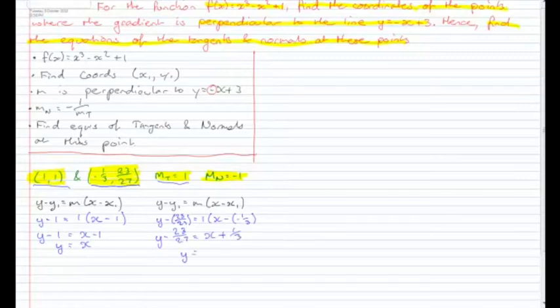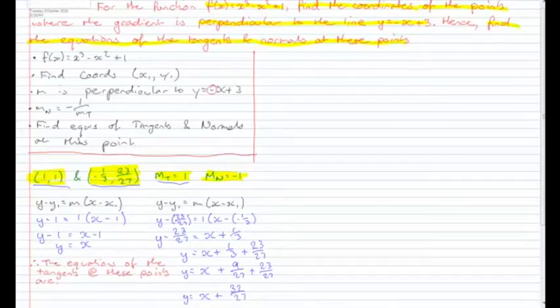Rearrange now, you get y is equal to x plus 1/3 plus 23 over 27. Common denominator now, so you get x plus 9 over 27 plus 23 over 27 gets you y is equal to x plus 32 over 27.